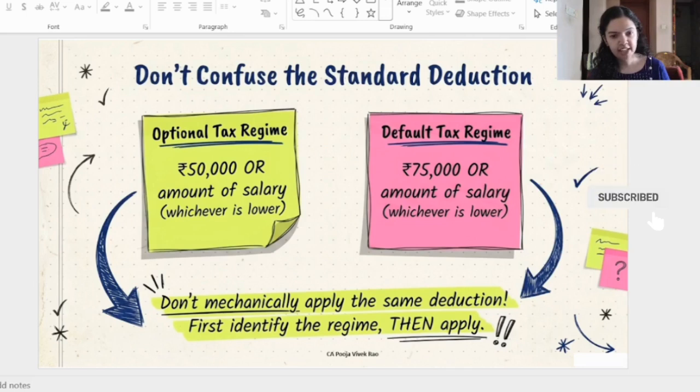Under the default tax regime, the standard deduction is rupees 75,000 or the amount of salary, whichever is lower. So this is one of those provisions that you should have clearly highlighted in your notes. When you are solving a practical question in the exam, don't mechanically apply the same standard deduction in every case. First identify the applicable tax regime and then apply the correct provision.